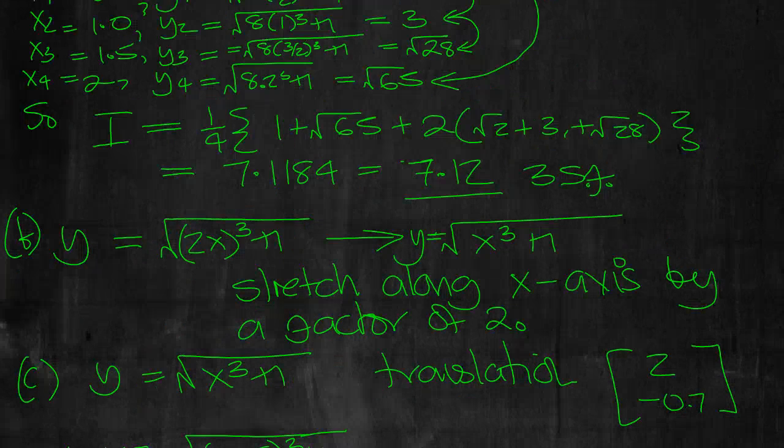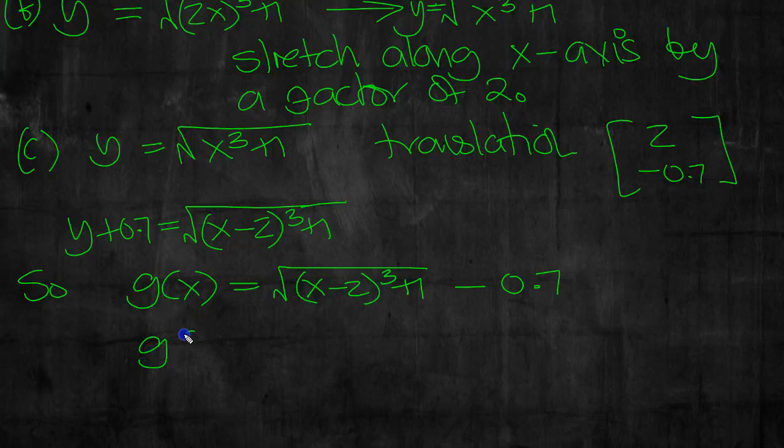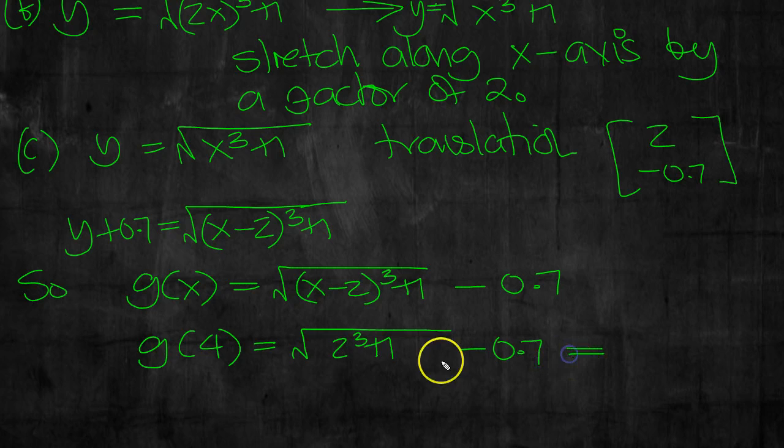And we need g of 4, don't we? g of 4 then. 4 minus 2 cubed is 2 cubed, plus 1, minus 0.7. 9, square rooted is 3, minus 0.7 is 2.3. That's part C.